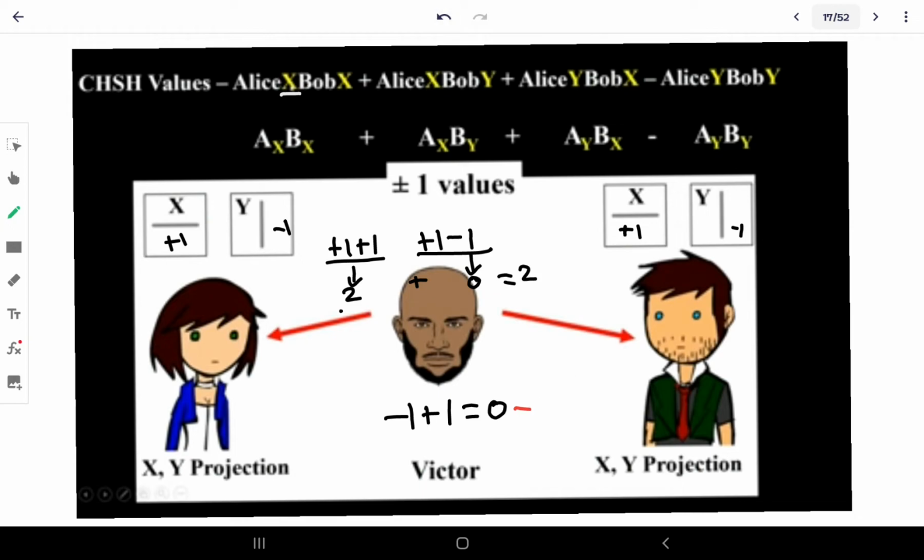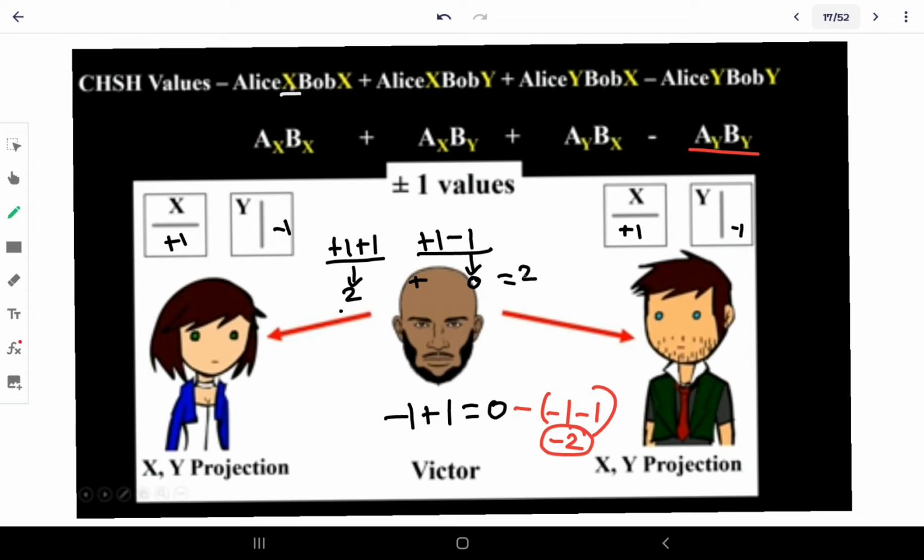Then for AY and BY, both of them get minus 1. So minus 1 minus 1 equals minus 2. So the value over here is minus 2.